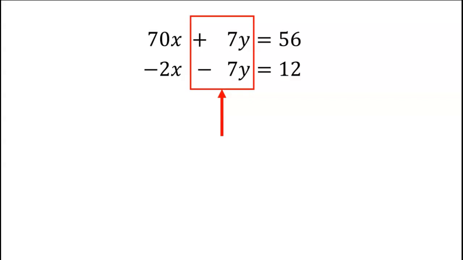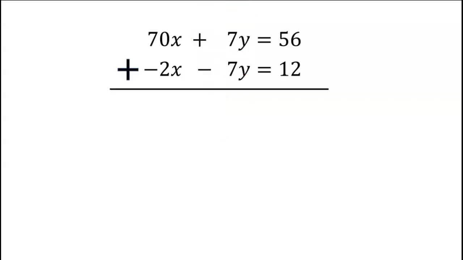Now, as we notice, the numbers are the same in the middle, and they have opposite signs, so we're just going to add the two equations together. 70x plus negative 2x will give me 68x. 7y plus negative 7y cancel, and 56 plus 12 is 68.